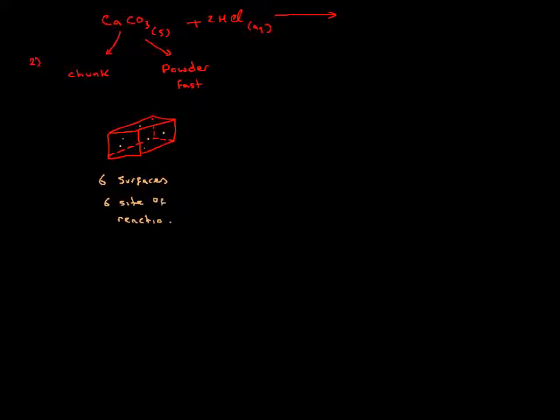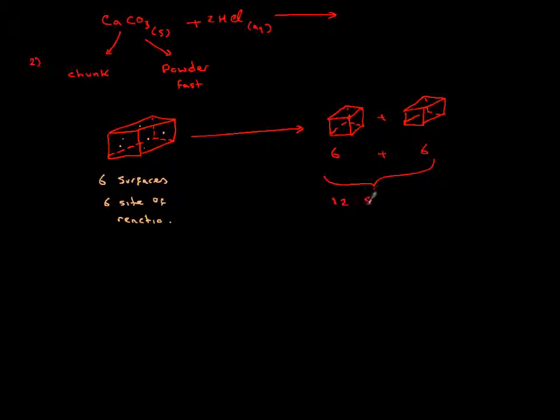Now what happens if we cut it in half? So we are decreasing the size. Let's just have it into 2 smaller cubes. If that's the case, you should agree now we have created more surfaces for the reaction to take place. You have 6 plus 6, you have a total of 12 surfaces to react.